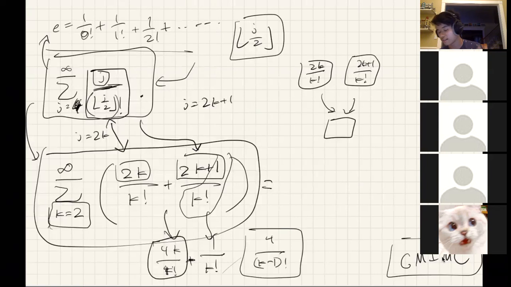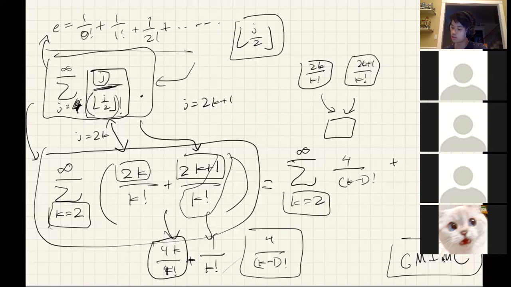So after all this is said and done, we reduce our sum into 2 infinite sums. One of them is summing the value 4 over k minus 1 factorial over all k from 2 to infinity. And the other sum is summing the quantity 1 over k factorial from k equals 2 to infinity.